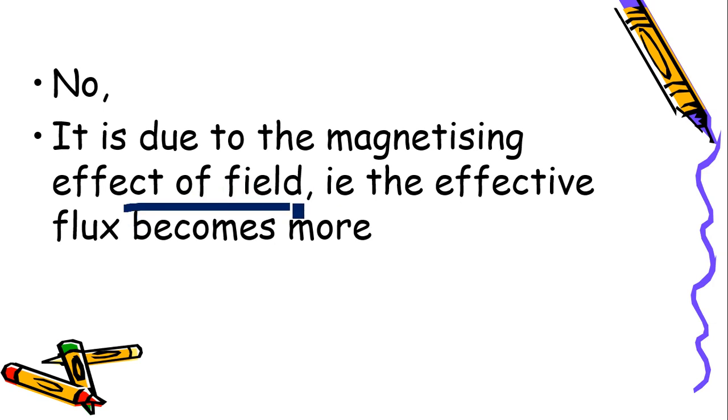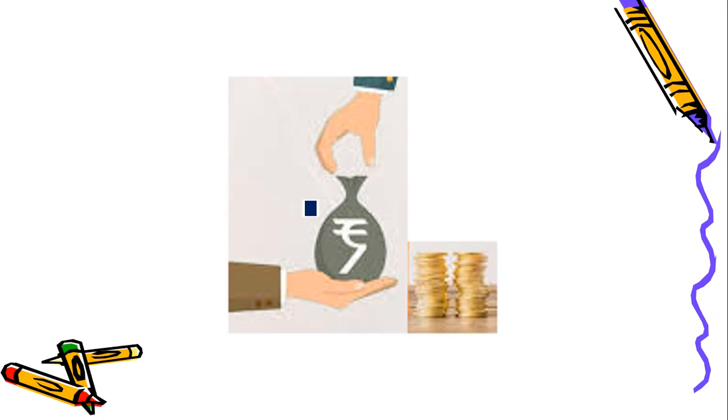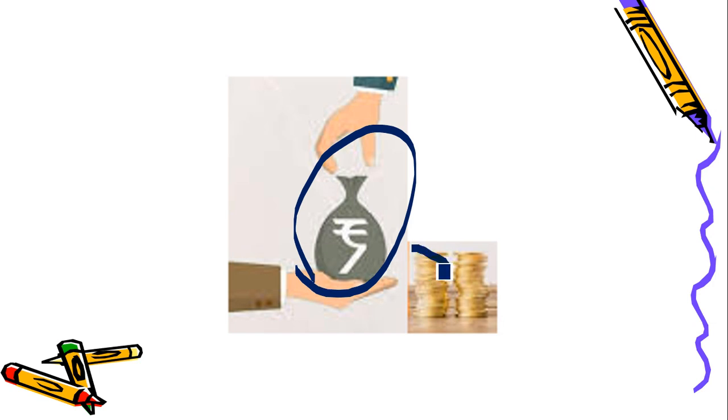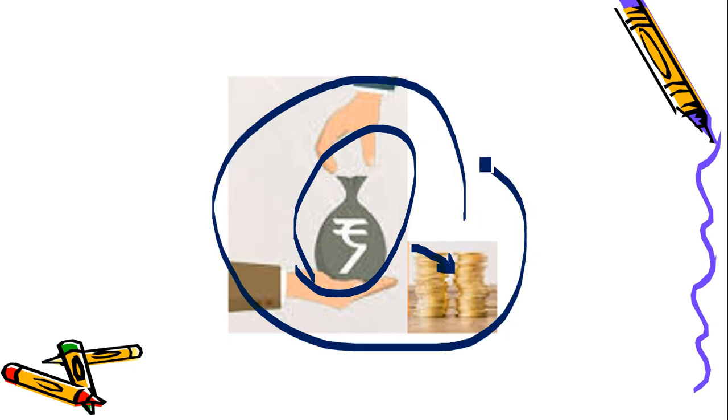With the field and with the armature winding together only, effectively the voltage is increasing. It is not just the EB increasing. As if you are putting some deposit into the bank, then only you will be getting some interest, is it not? So cumulatively only the total is increasing. Like this, our synchronous machine also.